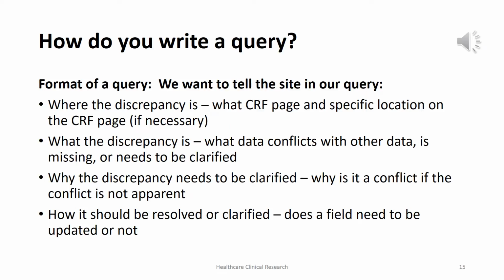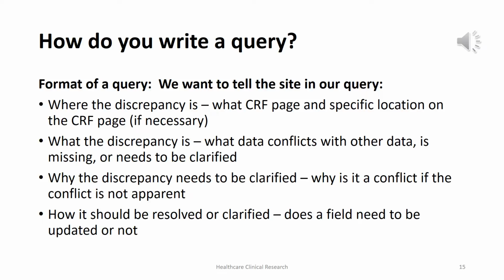So we've talked about queries and we've talked about writing queries. Let's focus on how you write a query. The first thing we need to understand is the format of a query. We want to tell the site some specific information in our query. First of all, we need to tell them where the discrepancy is. We need to identify what CRF page, and what specific location on a CRF page, if it's not apparent.